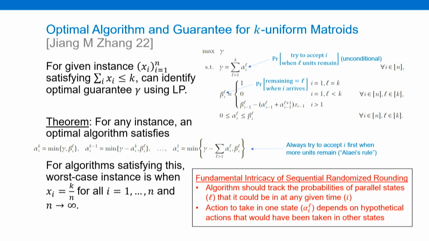When you're deriving these algorithms, you care about this probability distribution beta Li that tells you the probability of having L units remaining when you approach agent I. And importantly, the action that you take in one of these states, which is given by alpha Li, depends on the hypothetical actions that you would have taken in other states that you could be in at that same time.